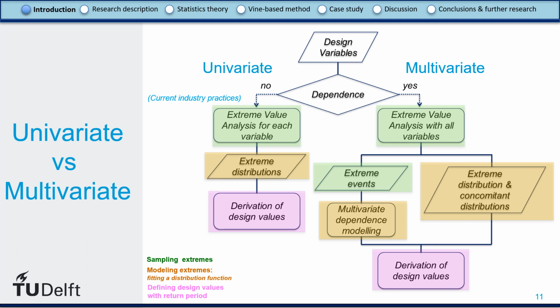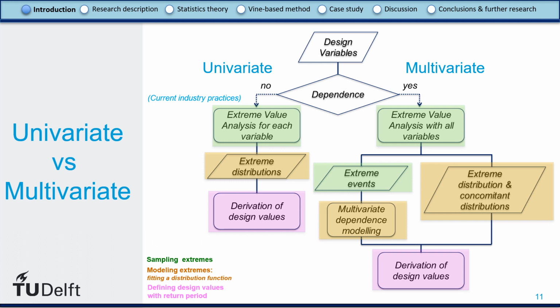We can approach the derivation of the design values from two very different perspectives. The univariate perspective, where we studied one variable at a time, and the multivariate perspective, where we study several variables at the same time. As you can see in this slide, these approaches have very different notions of the three steps that were defined in the previous slide.